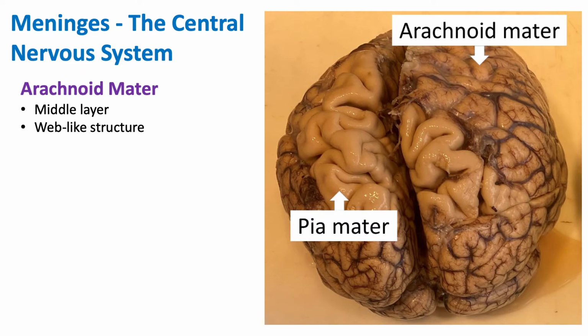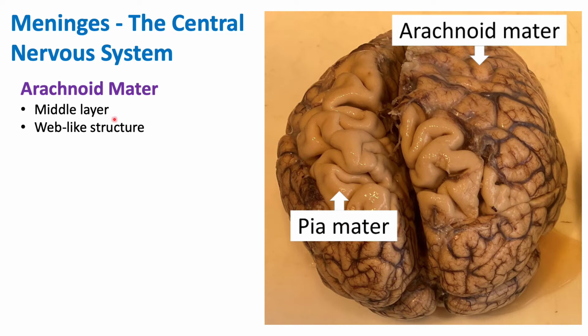Over here, we can see our arachnoid mater, which is the second layer of our meninges, and it has this spider web-like structure if we take a really close look at it. If we peel away from our arachnoid mater, the next layer is our pia mater, which is pretty fascinating. We went from our dura mater, which was such a thick layer, to our arachnoid mater, which is so thin, and then we have this pia mater.